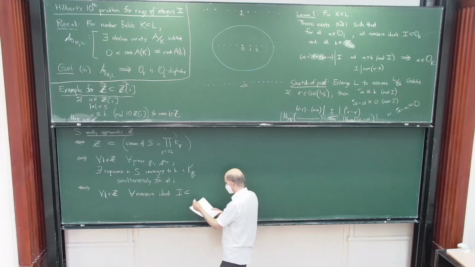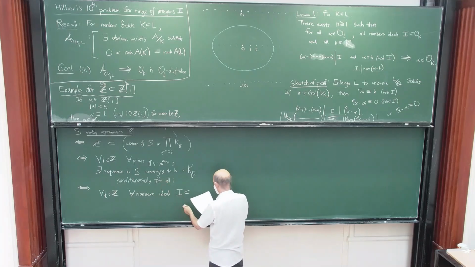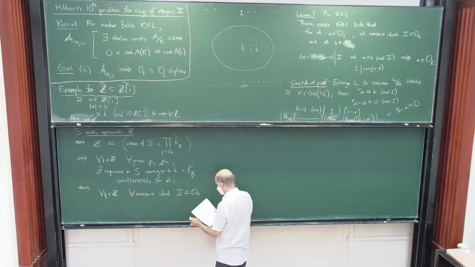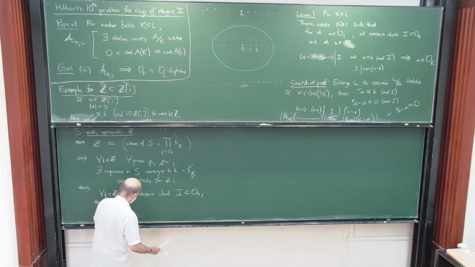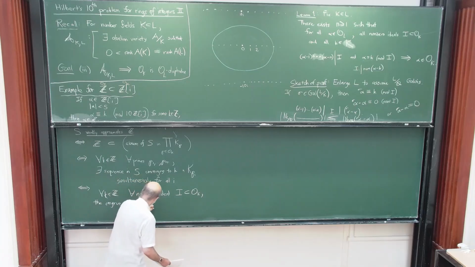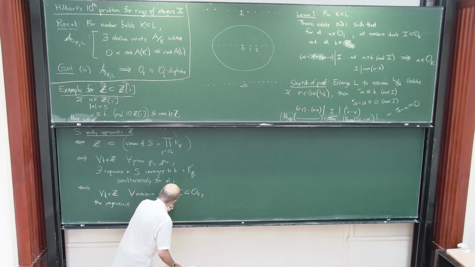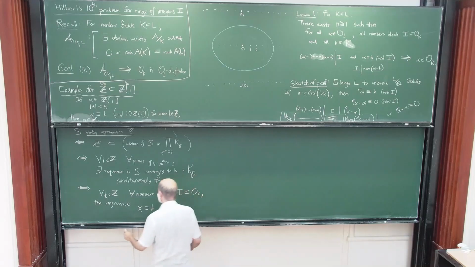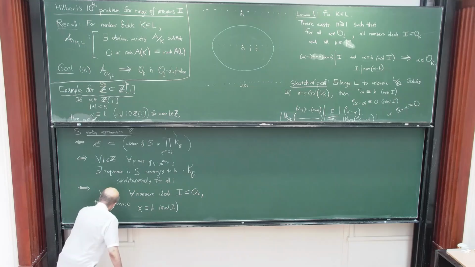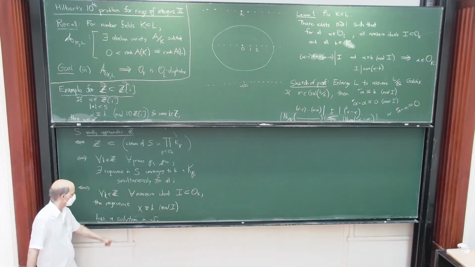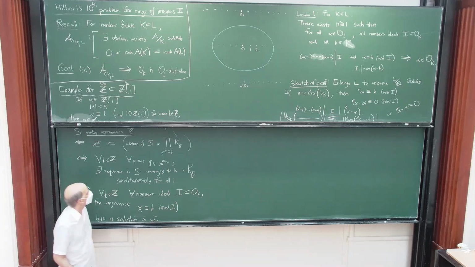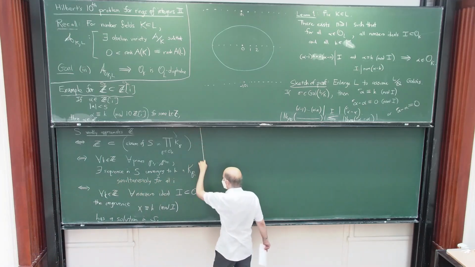So having this is the same as saying that for any non-zero ideal I, the congruence x congruent to k mod I has a solution in S. Yeah, because that's what it means to approximate k. Okay, so that's some notion.